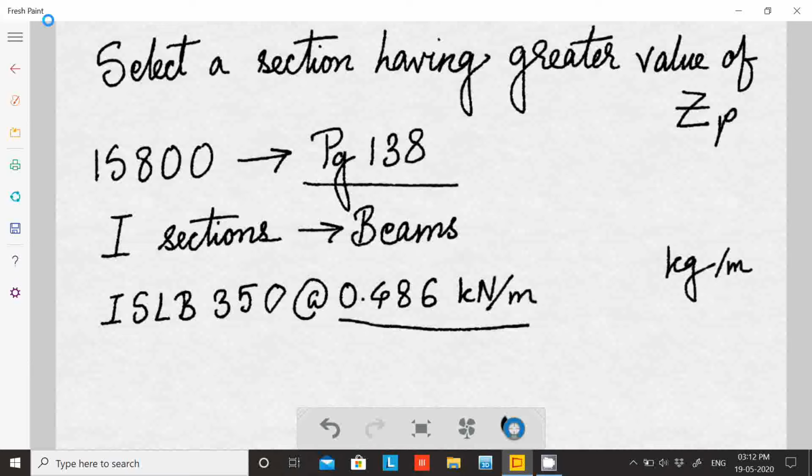That is just a conversion, so no need to get confused.